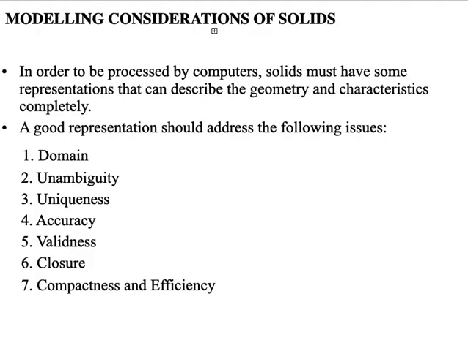So we'll see now the modeling considerations of solids. In order to be processed by computers, a solid must have some representation that can describe its geometric characteristics completely. A good representation should address the following issues. One is domain.